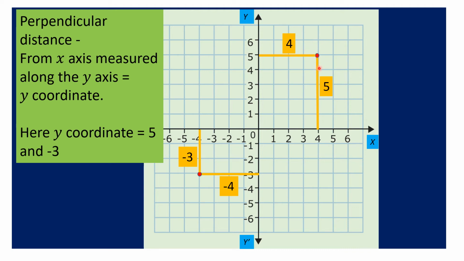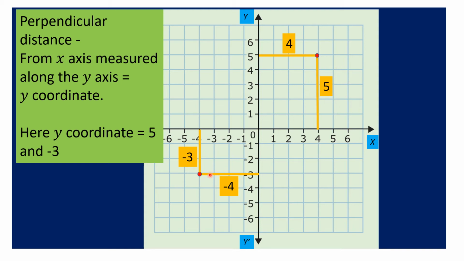So what is the y-coordinate? The perpendicular distance measured from the x-axis along the y-axis is called the y-coordinate. So what is the y-coordinate of this point? 5. 5 is the y-coordinate of this point, okay?